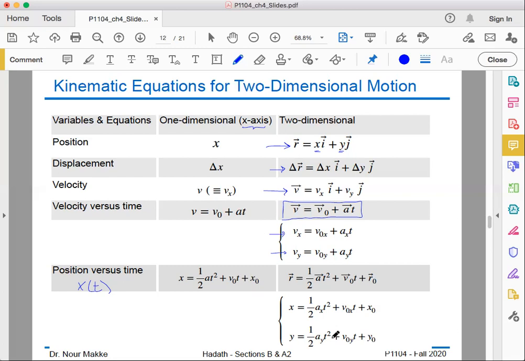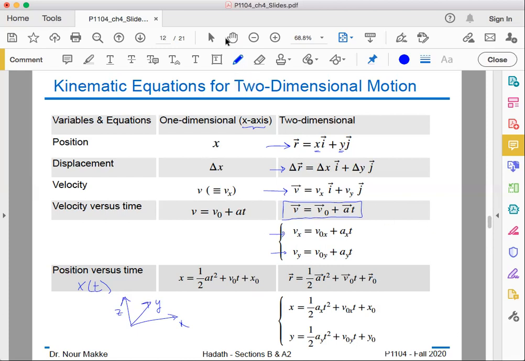What if the particle is moving in three-dimensional motion? In this case, you will have one more variable. So you will have x, you will have the y axis, and you will have, in addition, the z axis. So you will have three coordinates instead of only two.